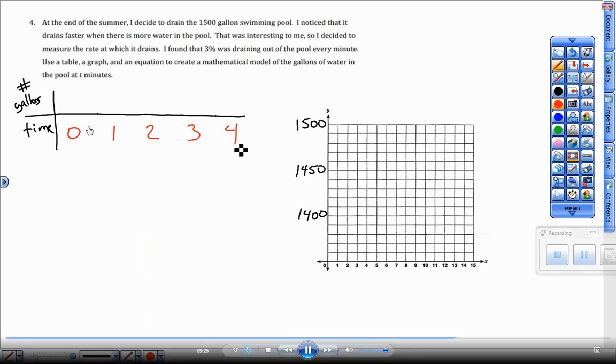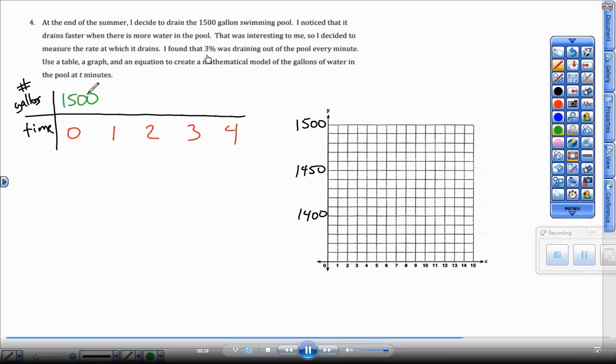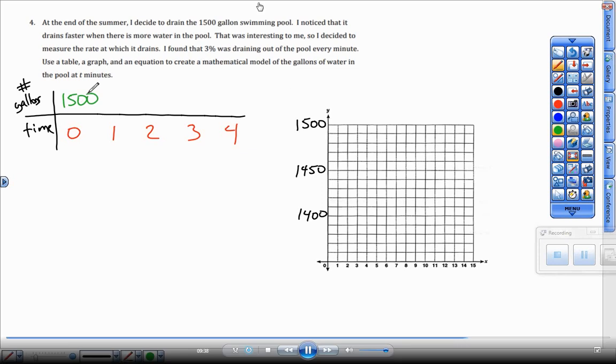My zero term is the number of gallons in the pool right away, 1500, times this, not 1.03. It's not a percent problem where the money's going up. This is a pool problem where the pool is draining at a geometric rate. So I'm going to use not R equals 1.03.